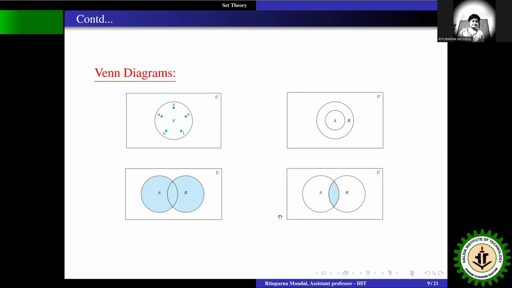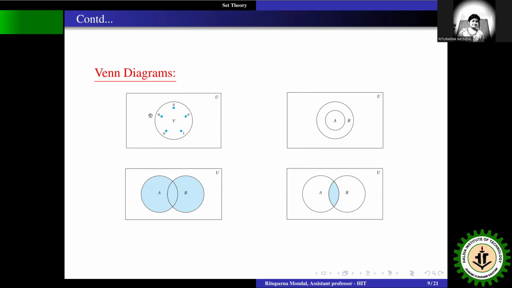Now Venn diagram. A Venn diagram is a pictorial representation of a set and its operations. A Venn diagram is a visual tool using overlapping circles within a rectangle to represent sets and their relationships.